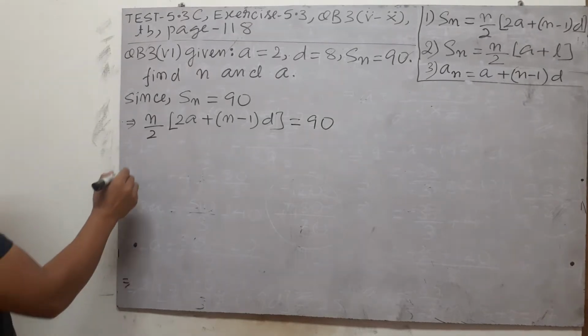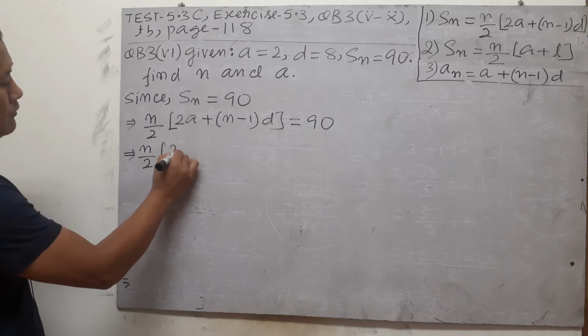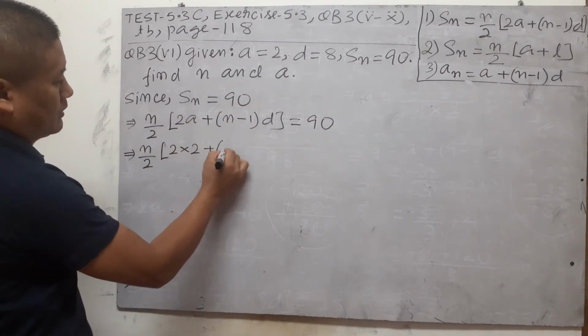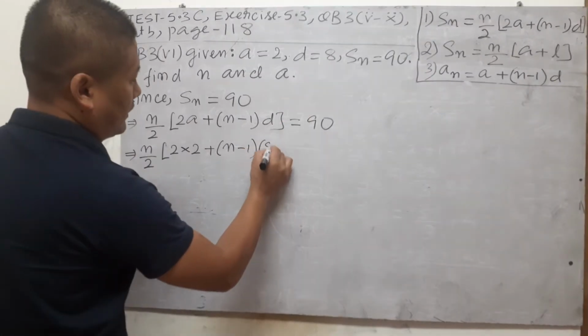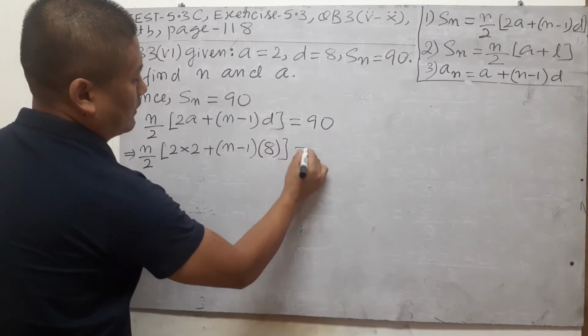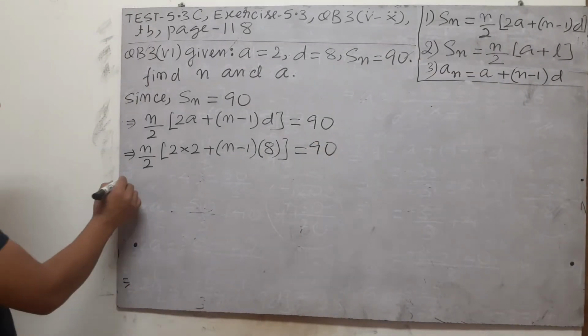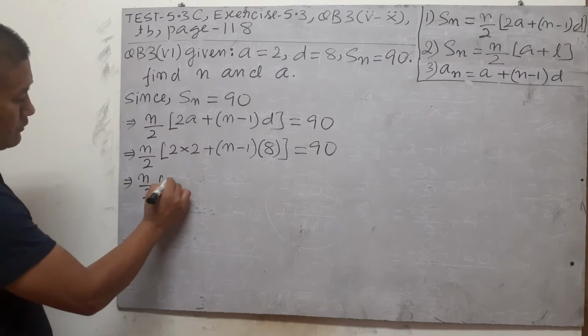So here n is unknown, so just write n by 2 into 2 into a value, which is given, so 2, plus n minus 1 into d value also given, so here we can write 8, close the square bracket, equal to 90.